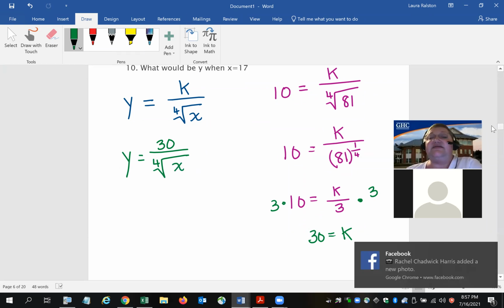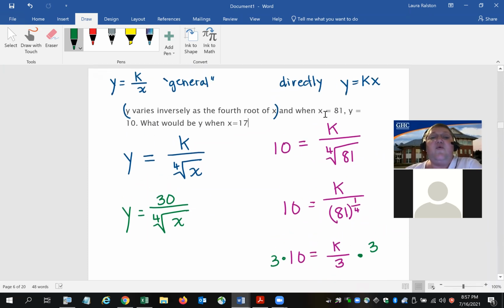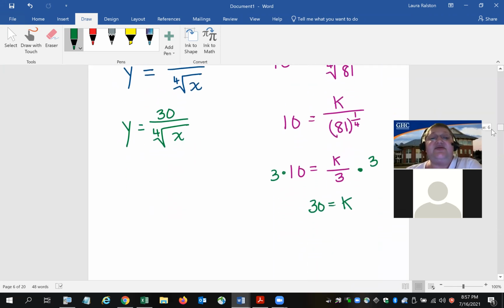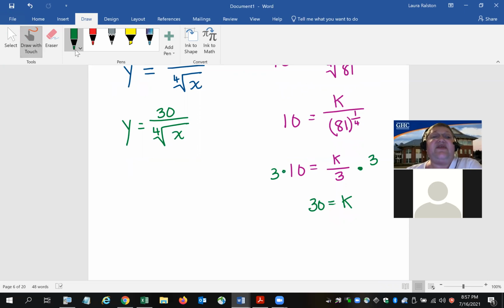Then it says, what would y be when x is 17? Now that I have my specific formula for this problem, I can plug that in.